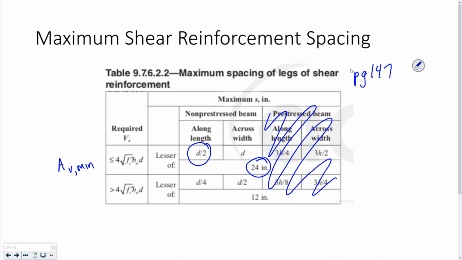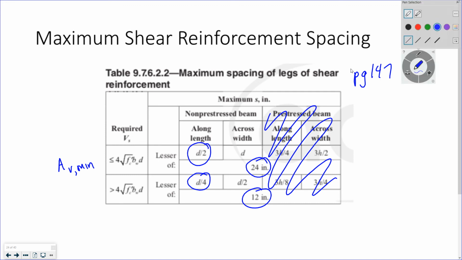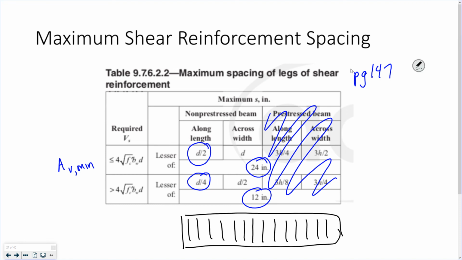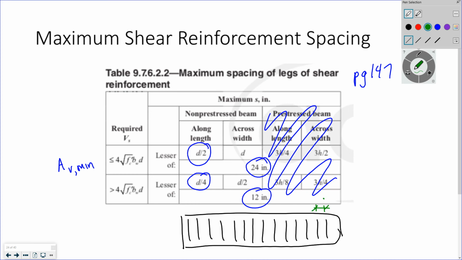If you need more, then your maximum spacing is d over 4, getting closer together, or 12 inches. And again, this is along the length. This is how far apart you can space them.